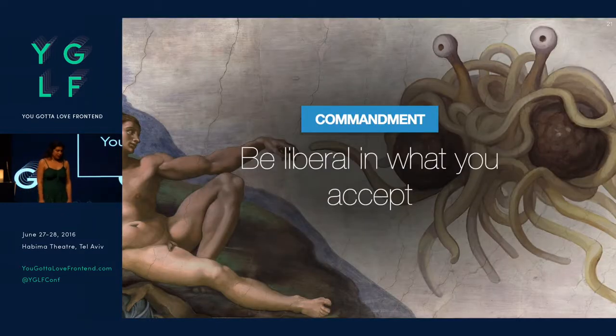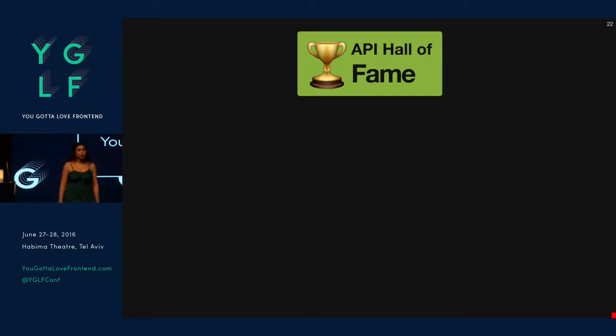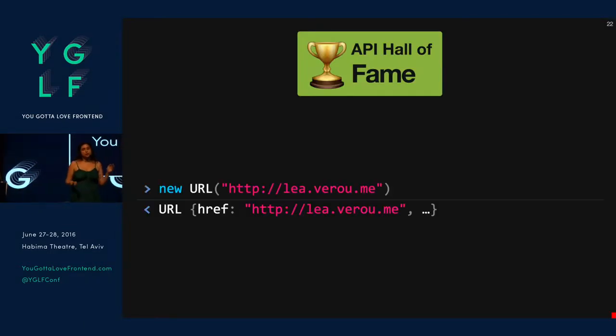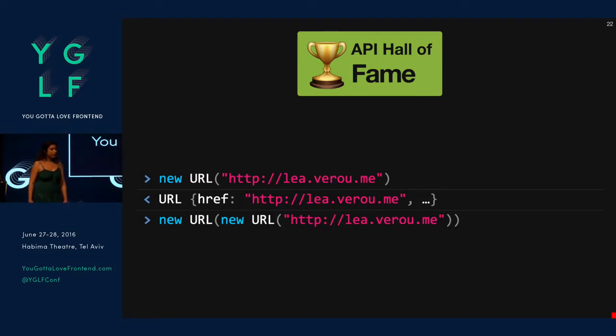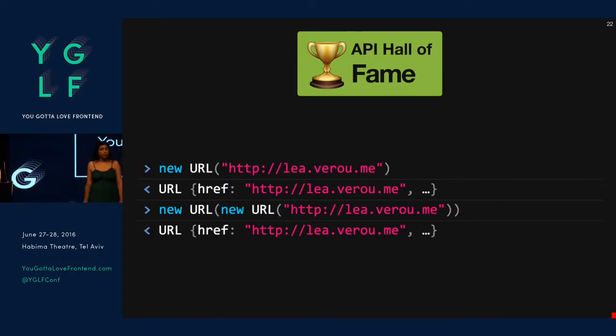So, next principle, be liberal in what you accept. Do not force people to use a specific type in your parameters if more than one is reasonable. And in this case, the URL is actually a good example, because yes, I can construct URLs with just strings. It works just fine. I can also construct URLs through other URL objects. Still works fine.